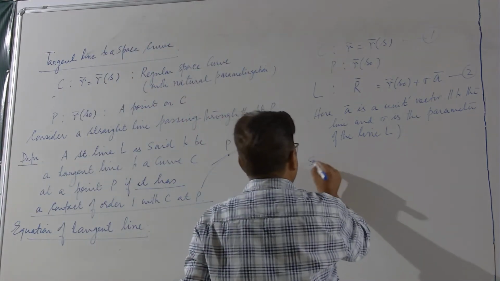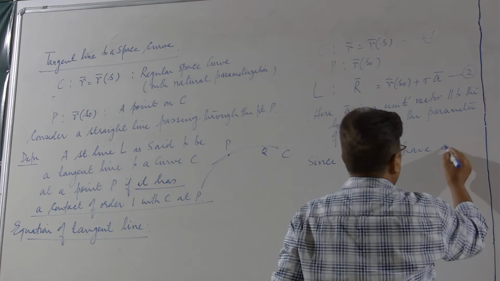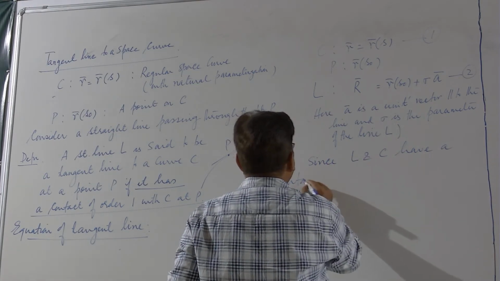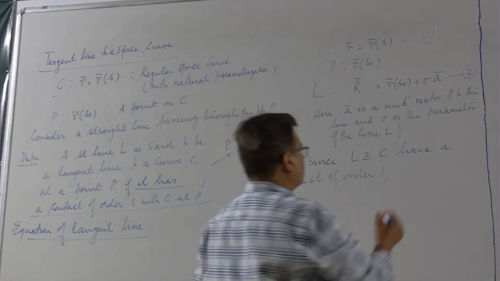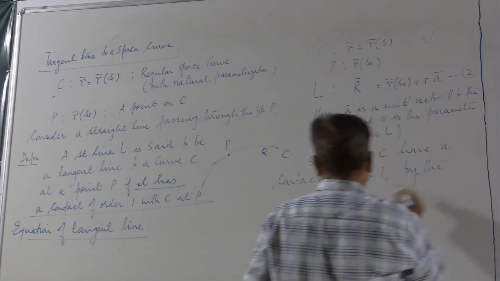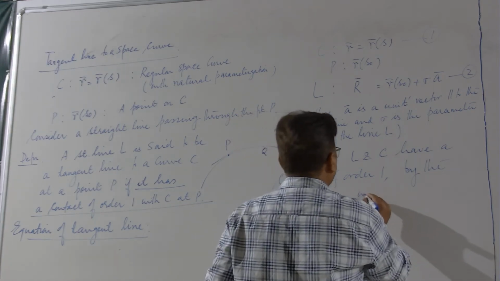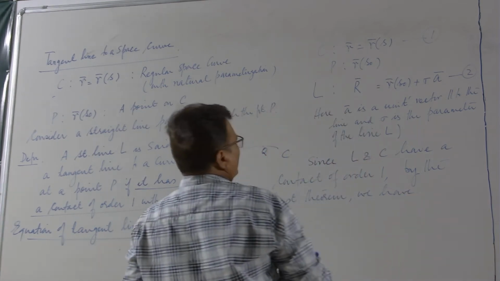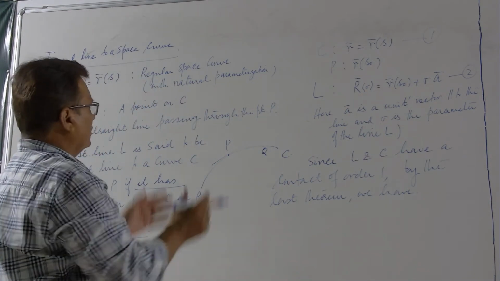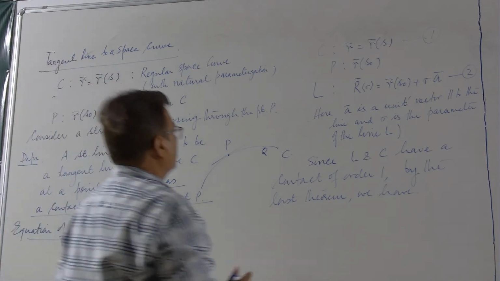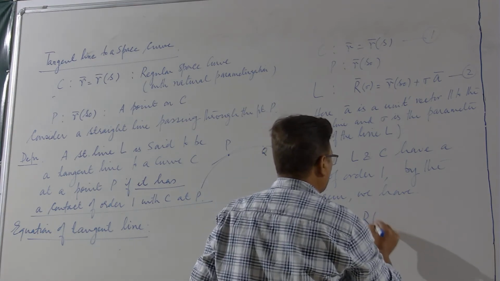Since L and C have a contact of order 1, by the last theorem we have, now since this is a function of sigma, because the parameter is sigma, they must coincide at the point P. So, we have number 1, r(s0) must be the same as r0.